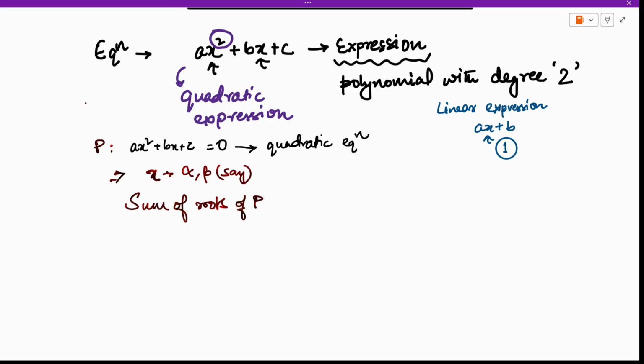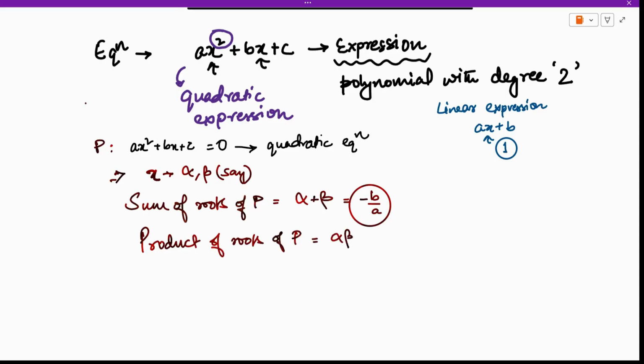So of quadratic equation p is given by alpha plus beta. This is nothing but minus b by a. We'll find out how it is coming. And product of roots of p is alpha beta. That is nothing but c by a. We'll find out this also, how it's coming.